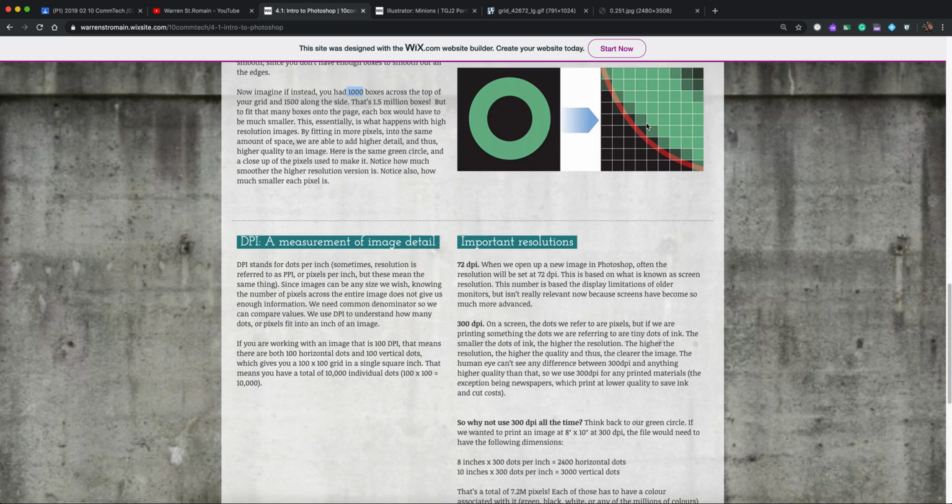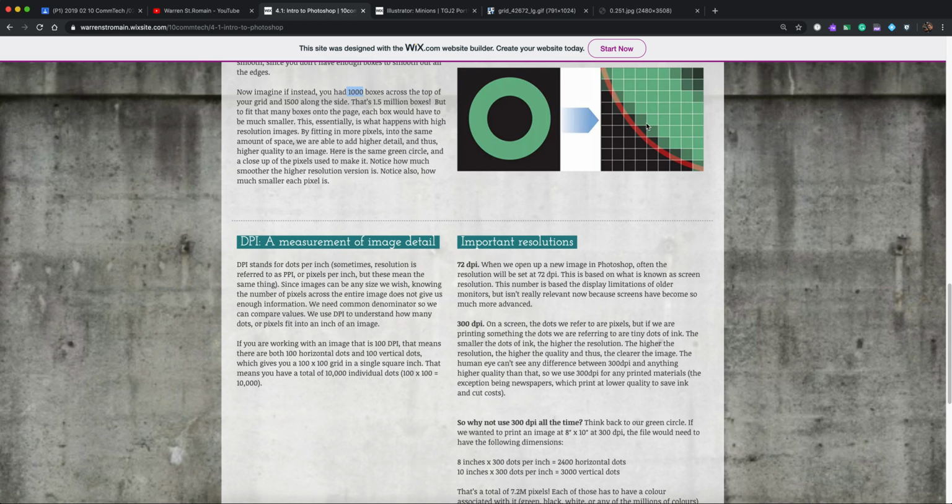If I looked at this image on a phone, or a smaller screen like a laptop, it's going to look smaller. It's going to get squished into the space.